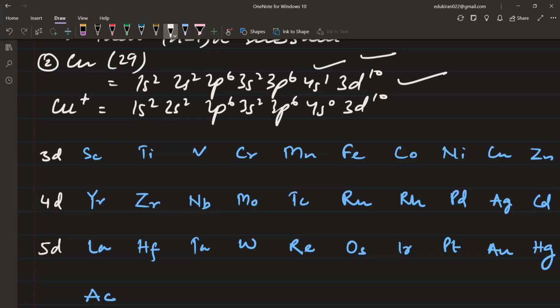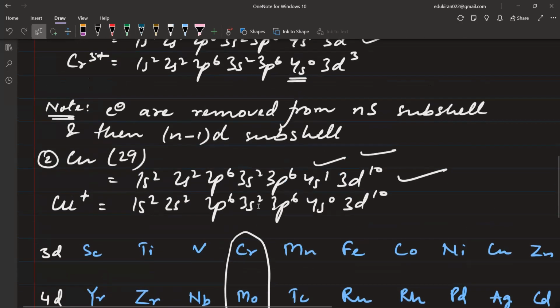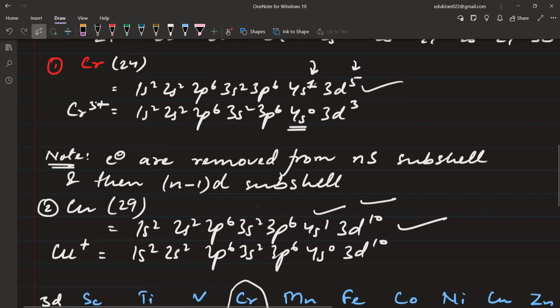Important thing about these elements, we will discuss this, but you can write it here. This has the most number of unpaired electrons. As you can see, in chromium, this 4s1 is also unpaired, the 3d5 is also unpaired.